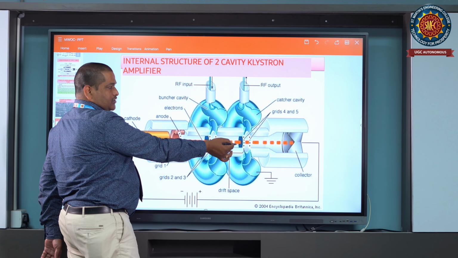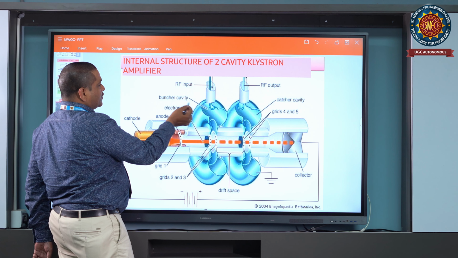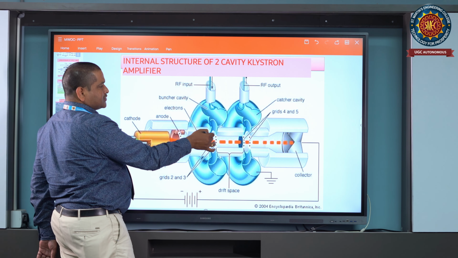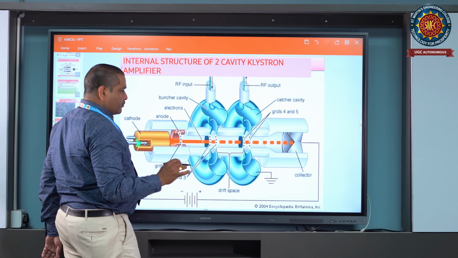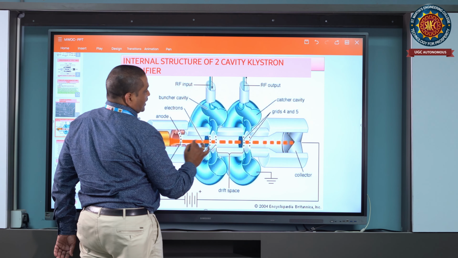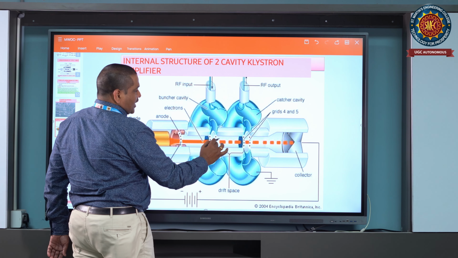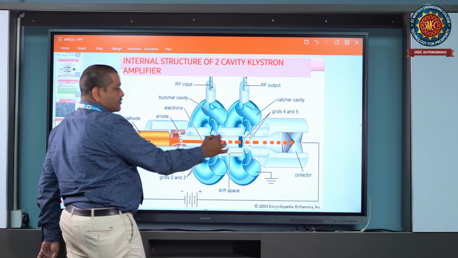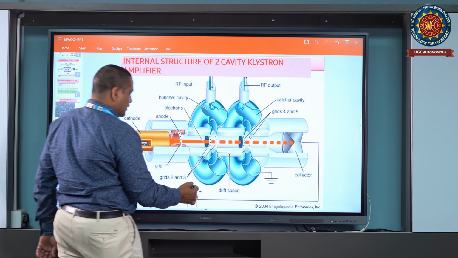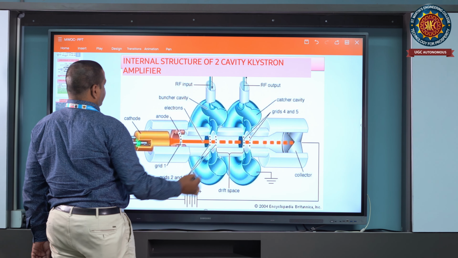This is the RF input and the buncher cavity, and this is the catcher cavity, which I showed on the noteboard, where the electrons will be bunched together and traveling, and this is called the drift space.